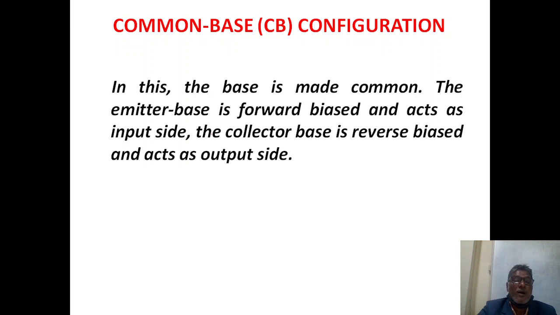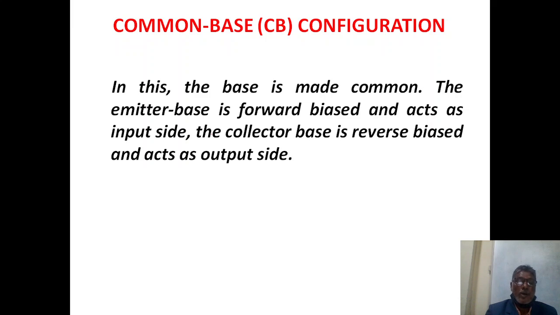So in this method, the base is made common, and the two junctions are connected in the circuit as follows. The emitter base junction is forward biased, and it acts as the input side.